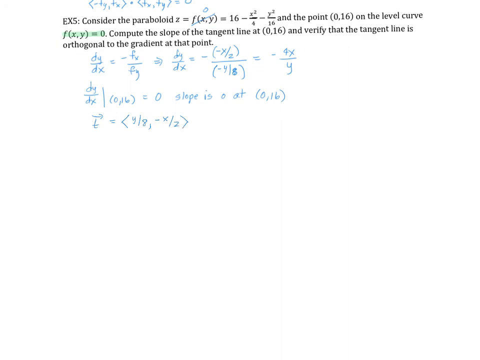So at that point, 0, 16, this vector is simply 2, 0, right? Because x is 0, y is 16.